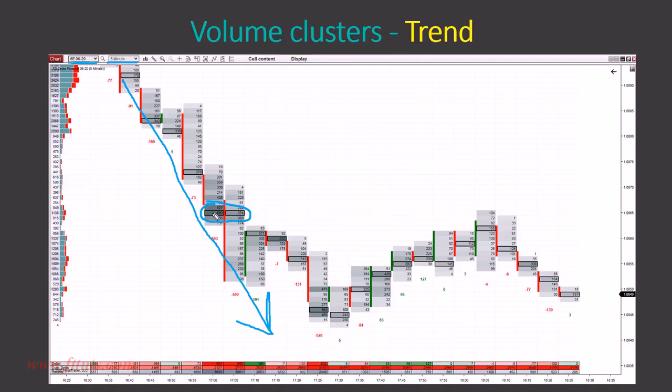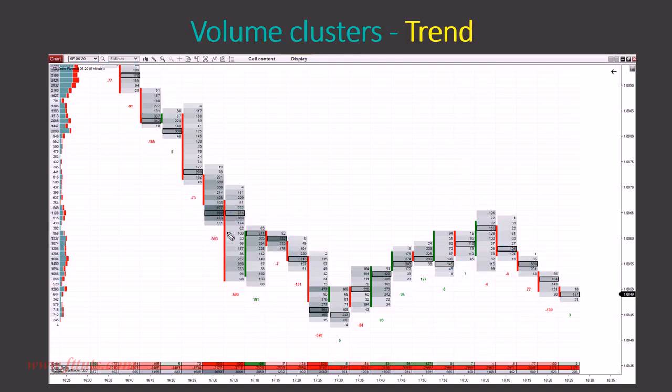There was actually another setup, the double knot setup, which I'm going to talk about later in another video. But in this case, you can also see that the shade got darker, which means that the volumes were way heavier in this area. So you wait for a pullback to this area again, and this is where you place your short.